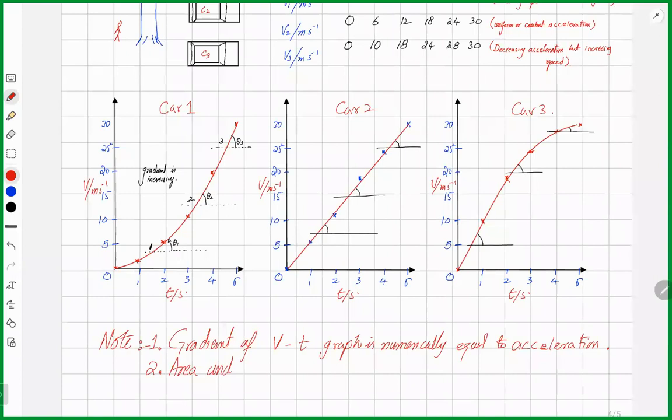Area under the graph is numerically equal to distance traveled or distance moved.